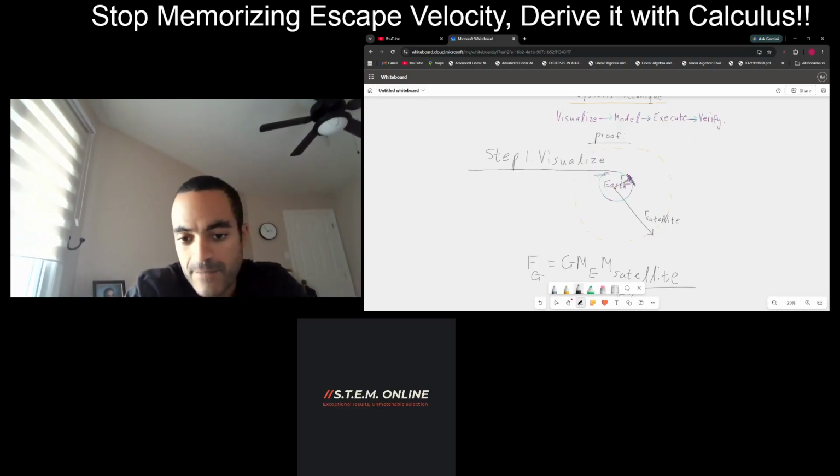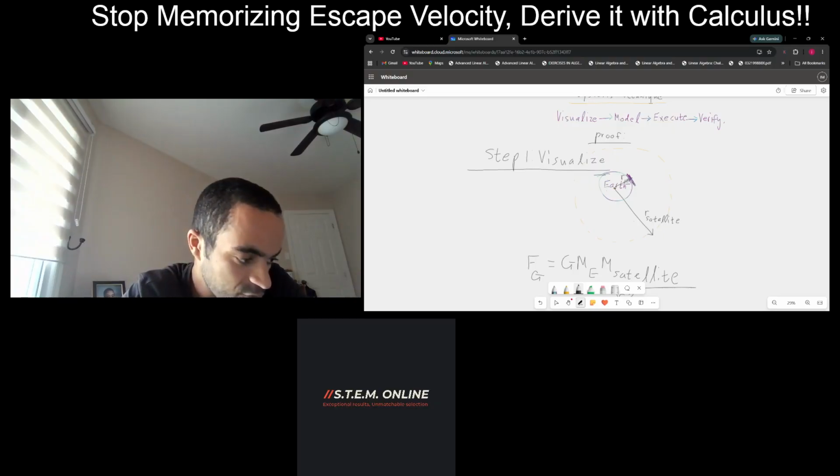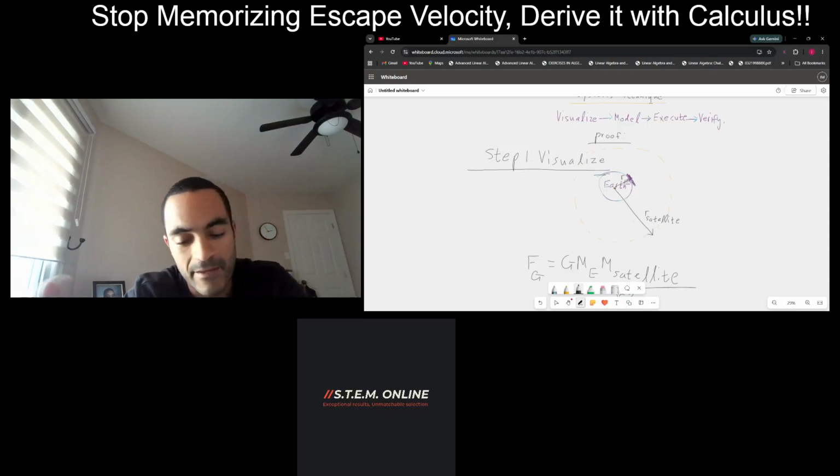In order for it to escape Earth's gravity, the distance goes from Earth's surface all the way out to wherever that orbit is.